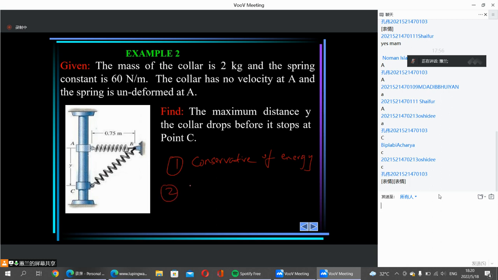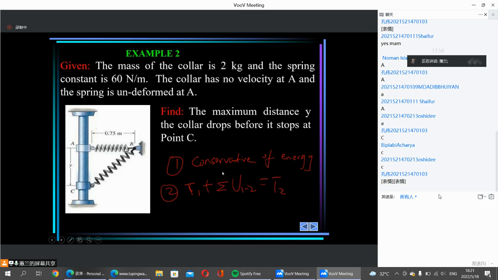Also, you may use the work and energy equation, T1 plus the sum of the work done by the forces equal to T2, and check whether they produce the same results. You need to solve this.